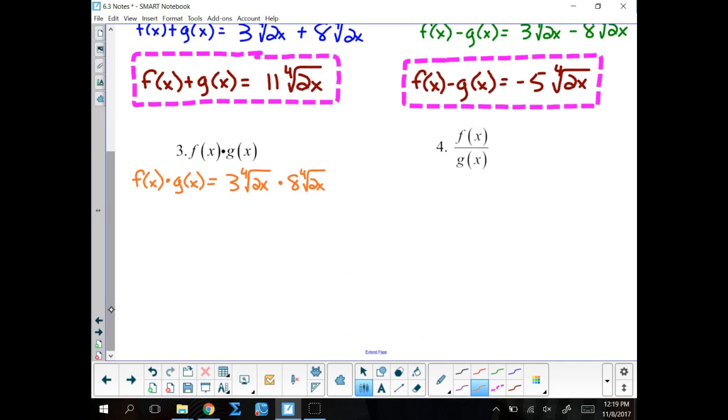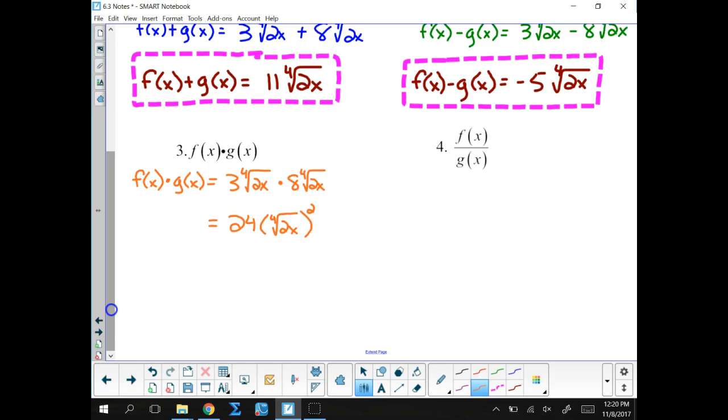Right? So this is going to be like what? 24 times the fourth root of 2x squared, right? Because there's two of them.